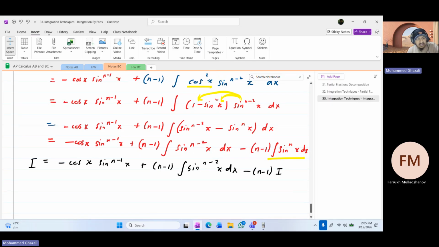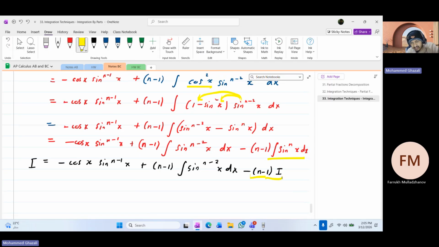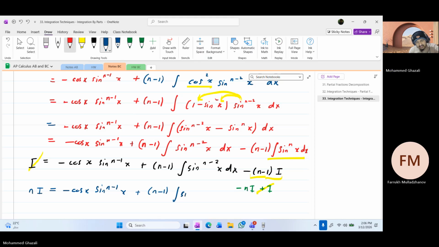This part here is minus nI plus I. So the I and the I cancel out. The minus nI goes to the other side, becomes nI, equal to negative cos x sine^(n-1) x plus n minus 1 integral of sine^(n-2) x dx.